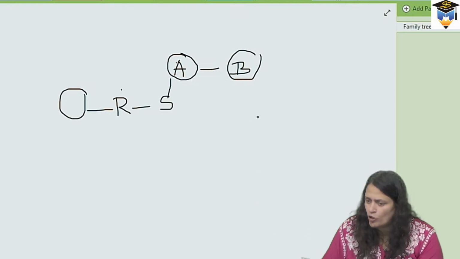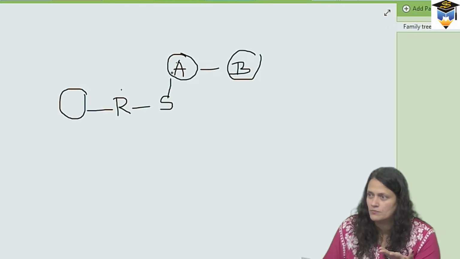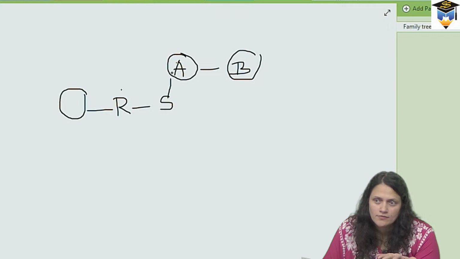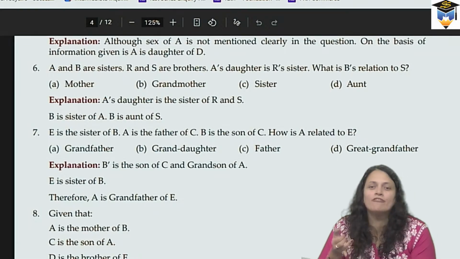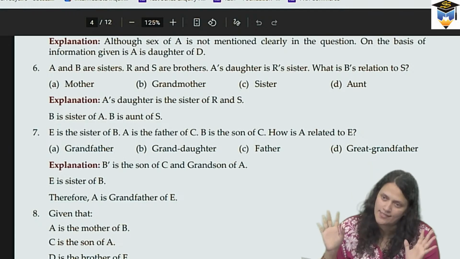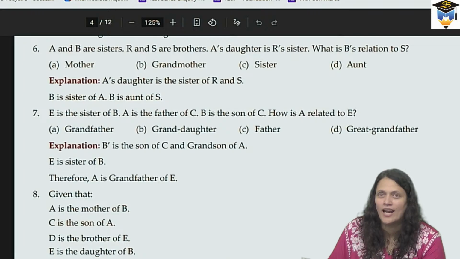B कोण आहे, female आहे, S कोण आहे, male आहे एवढं नक्की आहे आणि हे एक step वर आहेत. म्हणजे aunt. B is aunt of S. आत्या किंवा मामी are both aunts, and even Maushi is also an aunt, but maternal.